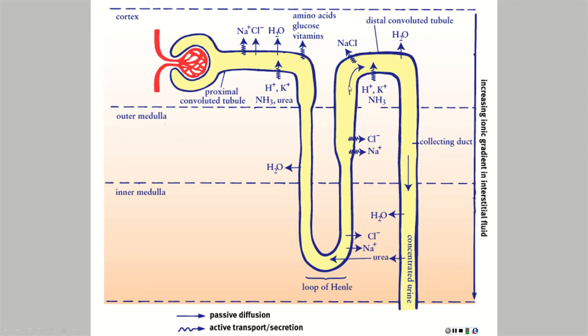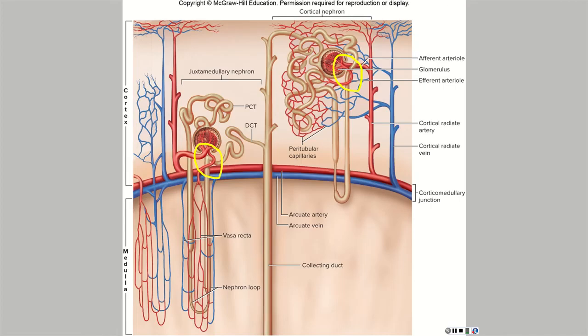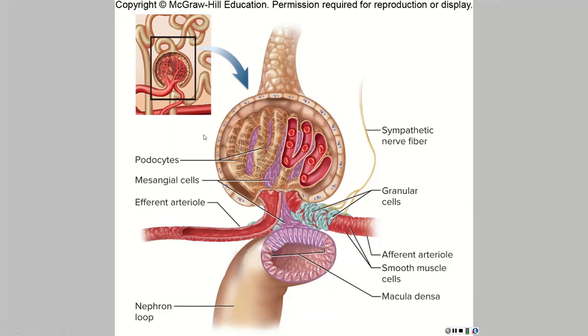And the macula densa cells detect that and adjust the diameter of the afferent arteriole accordingly. Here are those cells that detect that, and then they adjust the diameter of the afferent arteriole.